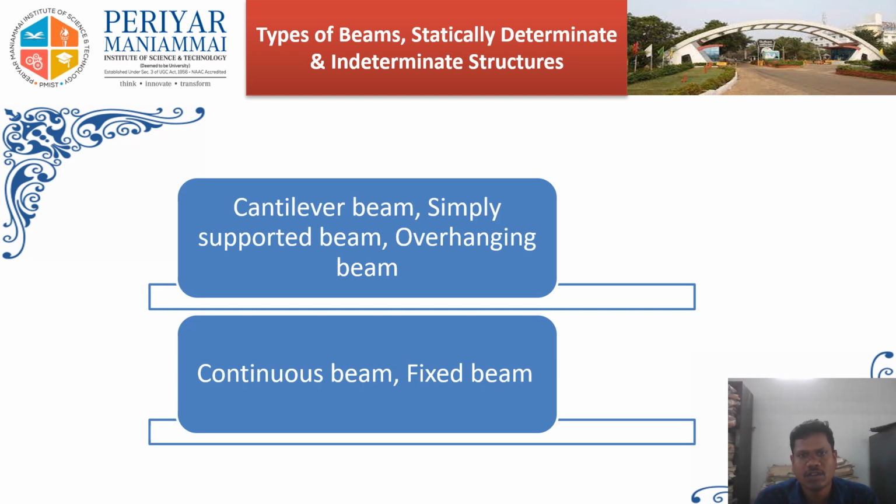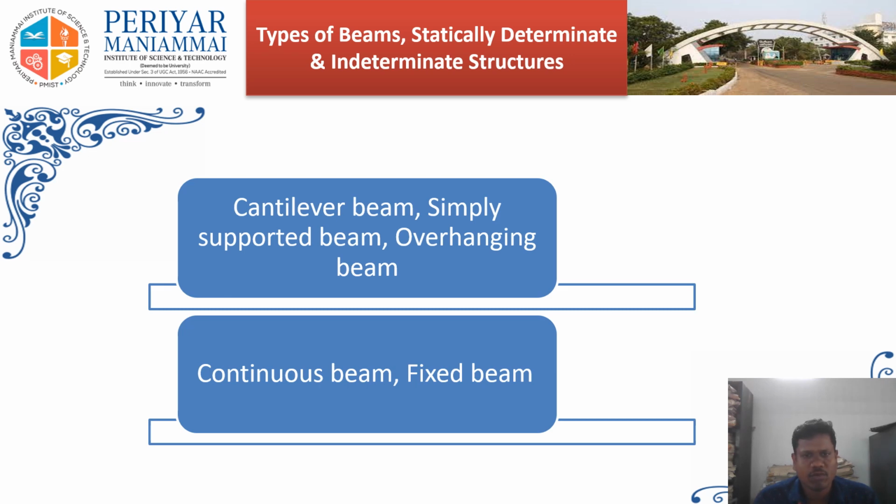If you look at the examples, the cantilever beam, simply supported beam and overhanging beam are examples for statically determinate structures. In these structures, the number of unknowns is equal to or less than the number of equations which we are forming.